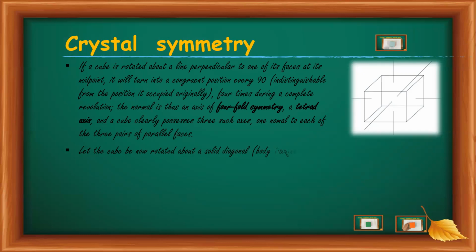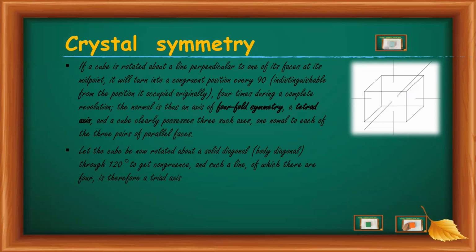Next, if it is rotated about a solid diagonal. Solid diagonal means an axis from one corner to the diagonally opposite corner. It is a body diagonal, and it is rotated 120 degrees about the solid diagonal.